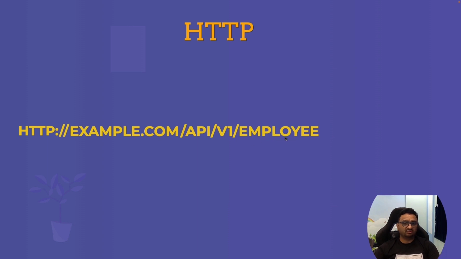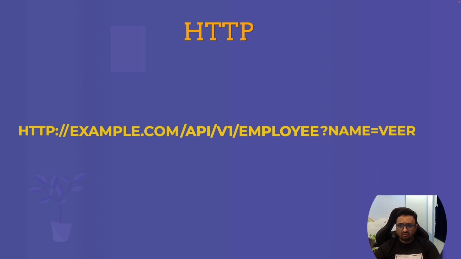Employee is the resource that you are requesting. This is just an example. You can have different types of resources, like orders, photos, images, and so on. The last part of a valid request could be either a query parameter or a path parameter. Here is an example of a query parameter. You can also have a path parameter as well. So this is the structure of an API request.